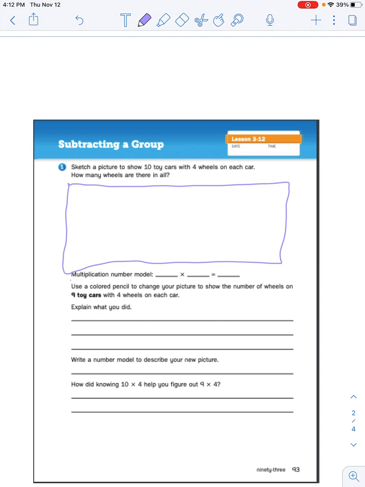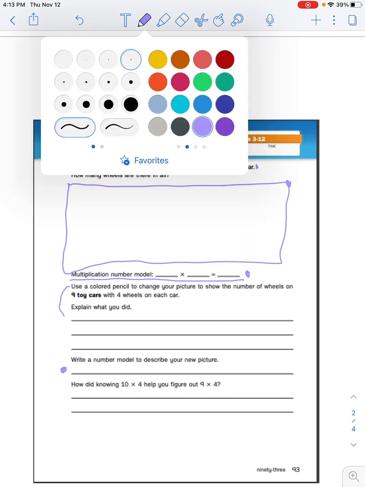State your multiplication sentence here, and the one that you want to show is whatever you started with, not the one after you subtract something. I want to see the original multiplication sentence here. The new multiplication sentence, the one after you subtract the group, goes here. And after you draw your original picture with this information, don't forget to cross out your group with a different color.